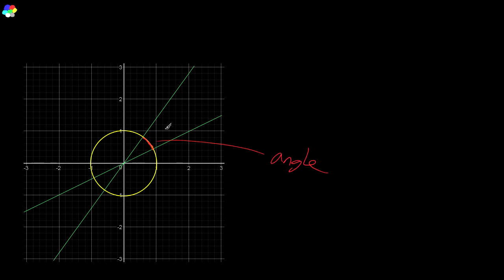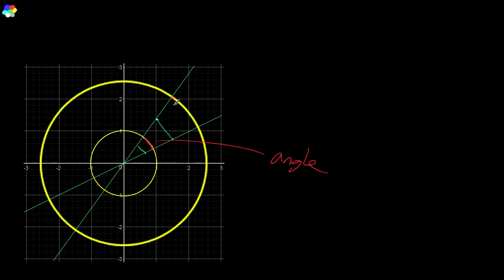And this turns out to be a good way to measure angle, because if you just measured the distance between two corresponding points on these lines, your measurement would change depending on where you measured it. But measuring it as a percentage of arc of the circle means that no matter where you measure it, no matter how big this circle is, it's always going to be the same percentage of the entire arc.